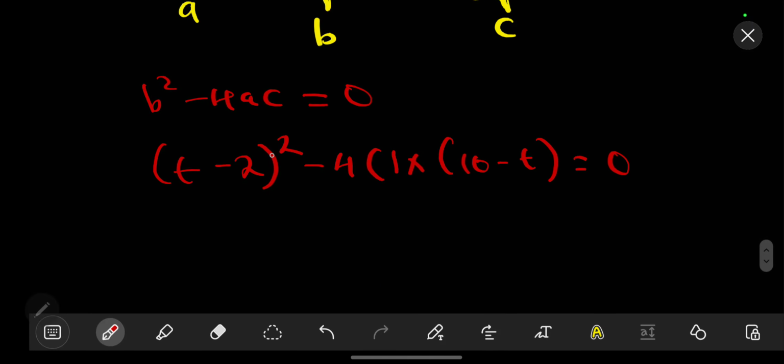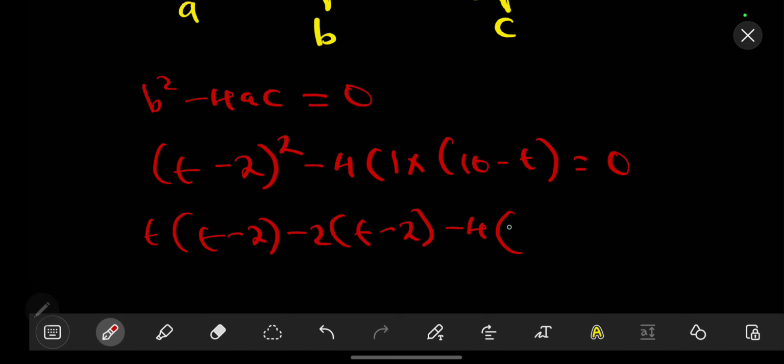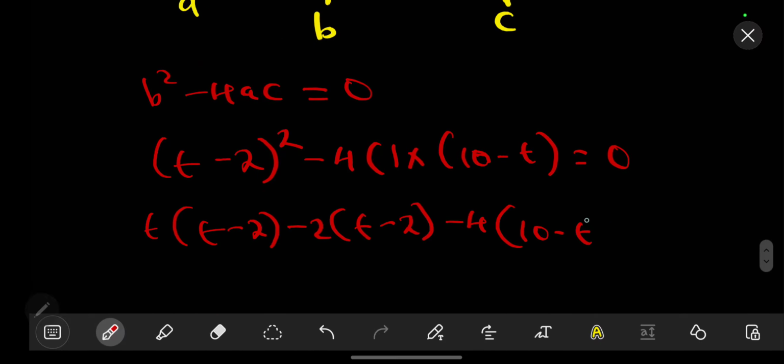So expanding this, we have t minus 2, squared, minus 4 times 10 minus t. Then this should be equal to 0.